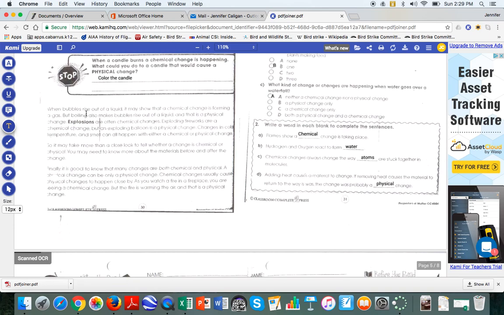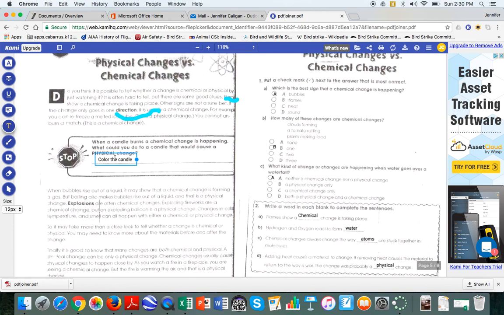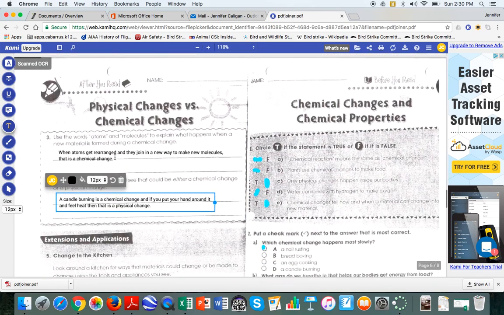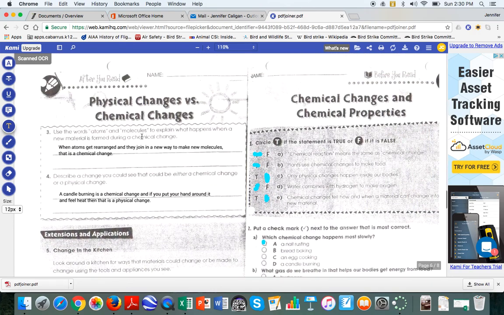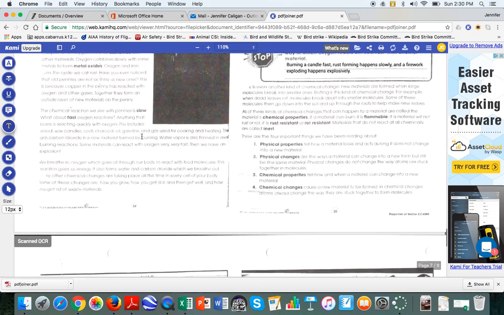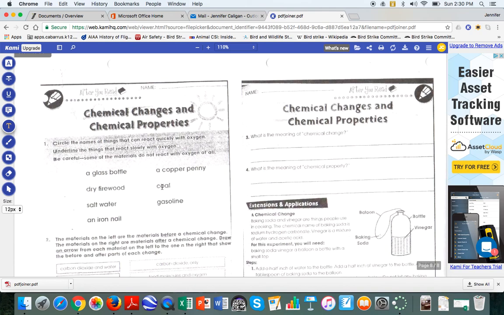Oh, it's going to kill me. I can't remember where I saw it, but it was about coal. It was a list of things. Oh, well, I'll find it later. I'm pretty sure coal was a quick one because you can burn coal. So I would say circle coal, and gasoline obviously reacts quickly.